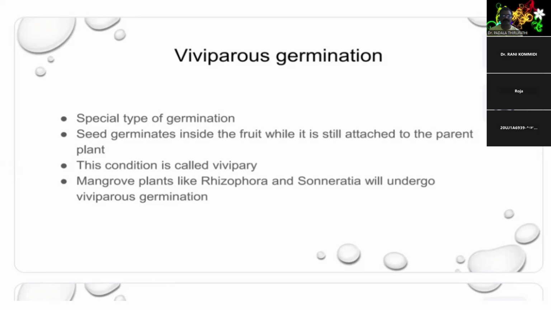Some of the mangrove plants like Rhizophora, Avicennia, and some of the Sonneratiaceae will undergo viviparous germination. They are very specialized plants. The seed germinates while attached to the parent plant.